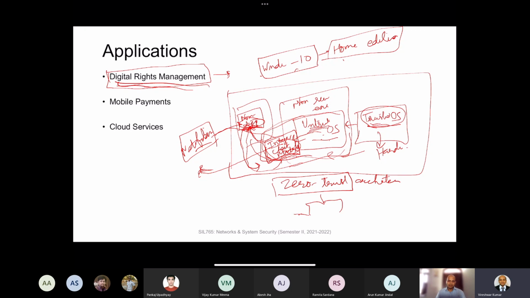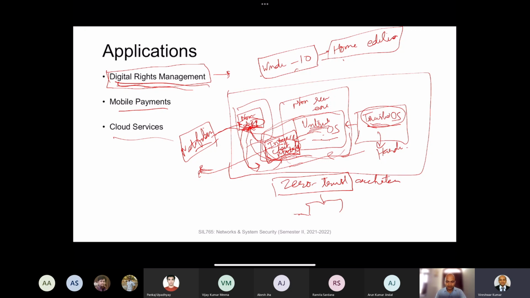Okay, so similar ideas are being utilized for mobile payments and cloud services. These large enterprises which are giving out these cloud services are also worried about these kinds of attacks and recovery of their systems, and therefore this idea of trusted execution is probably getting more accepted by large enterprises than by more public users.